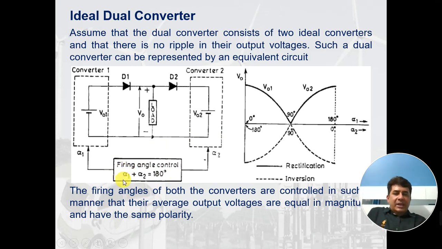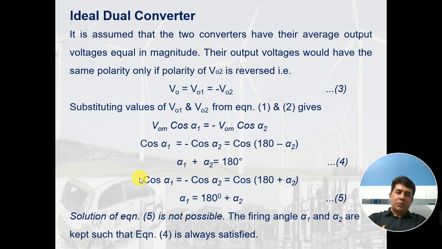That means if alpha 1 is kept as 60 degree, alpha 2 will be kept as 120 degrees. If alpha 1 is kept as 90 degree, alpha 2 will be kept as 90 degree. If alpha 1 is kept as say 120 degree, alpha 2 will be kept as 60 degree. So depending upon the kind of voltage you want here, the firing angles of these two will be calculated. But yes, the firing angles alpha 1 plus alpha 2 should make 180 degree.